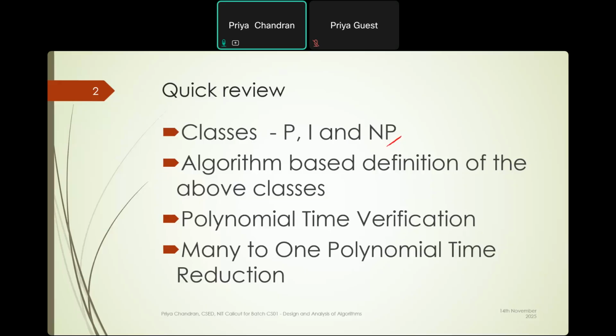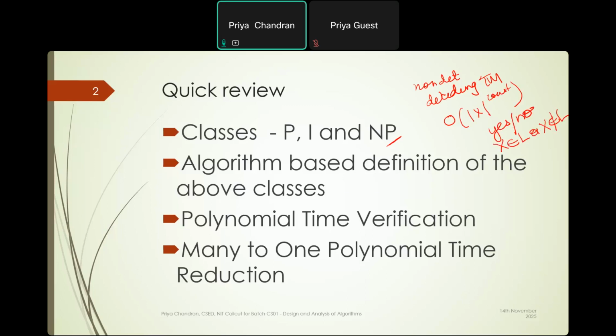So we had talked about a class called NP, and the property of problems or languages in this class was that there exists a non-deterministic deciding Turing machine which works in order of x raised to constant number of steps and decides a yes or a no. That is, it halts with a yes or no, depending on whether x belongs to L or x does not belong to L.